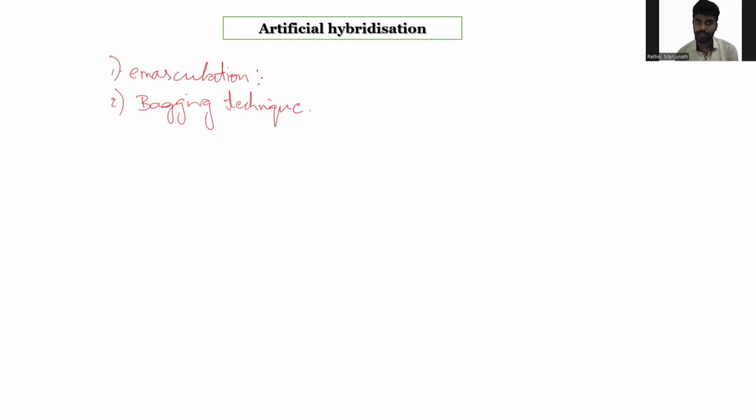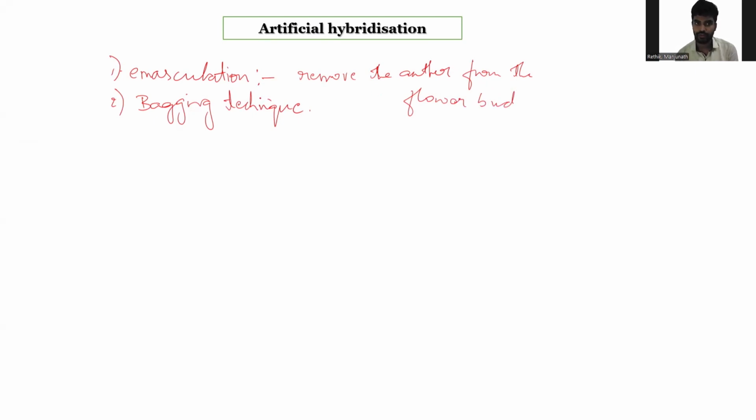Okay, coming to the emasculation process, if the female parent bears a bisexual flower, that is, if it has both anther as well as stigma, then we normally remove the anther from the flower bud with the help of forceps.